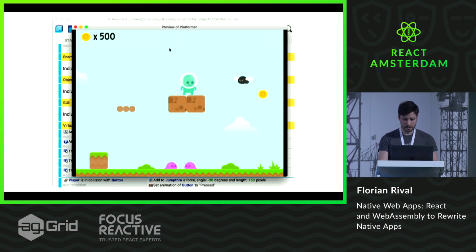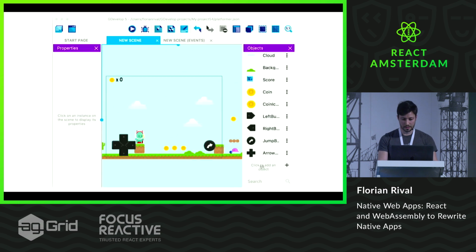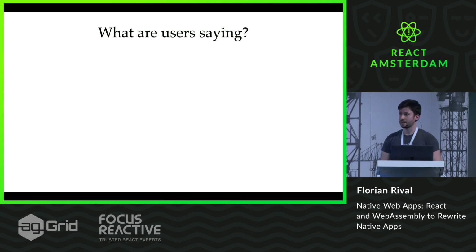I just want to finish by saying a few things about my users. Are they really happy with what I've been doing? I'll be honest, for the first version, they weren't happy at all. Not because it was using Electron or React or Material UI, but because I was missing a lot of features that I had in the previous version.